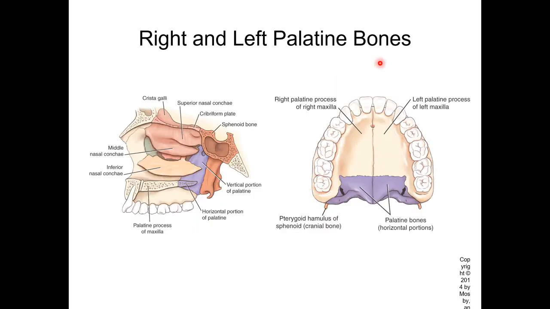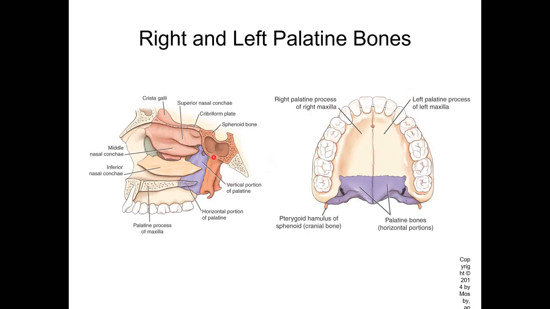Again, we're looking at more of the facial bones. This is just another view. When we're talking about the palate, what makes up the hard palate, you're really talking about the maxillae. They make up the majority of the hard palate, and then towards the back are your palatine bones, and this is more of your softer palate. So your hard palate is going to be mostly your maxillae.